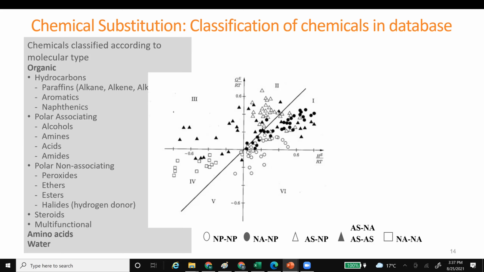That's a problem. But when we are making mixtures, we can easily say that a binary mixture between two non-polars, or between the same kind of associating or non-associating compounds, would probably fall on the axis, and we can assume some kind of excess entropy or Gibbs energy values.